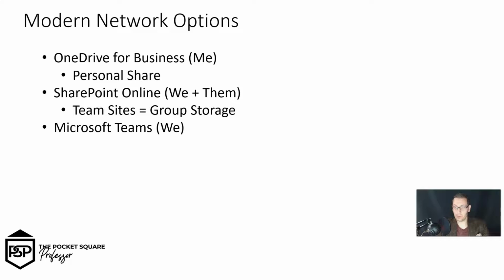Now, we also have Microsoft Teams to add, again, maybe a little bit more complexity into this. And I will be honest with you, this is not necessarily the easiest thing to comprehend. So, again, understand that not each one of these is definitive, meaning that I don't always put all of my personal stuff inside of my OneDrive. I don't always put all of my team or project-based or department stuff inside of SharePoint or Teams or wherever.